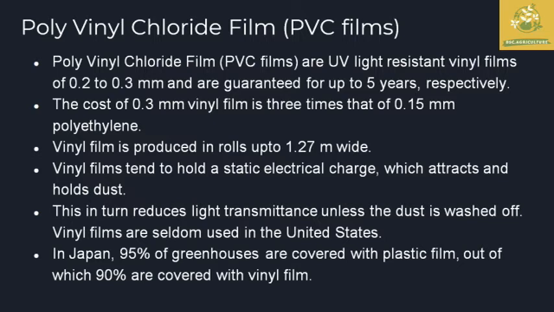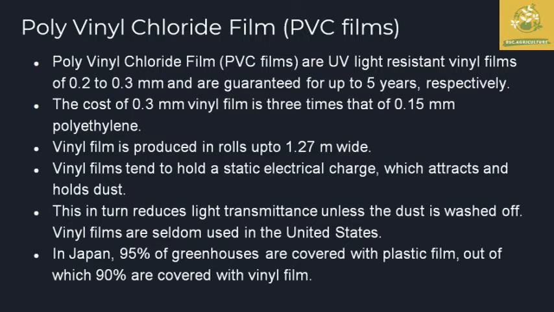So the cost of 0.3 millimeter vinyl film is said to be 3 times that of 0.15 millimeter polyethylene. So it is said to be much costlier than the polyethylene films, but their guarantee as well as lifelong resistance is said to be maintaining those costs.